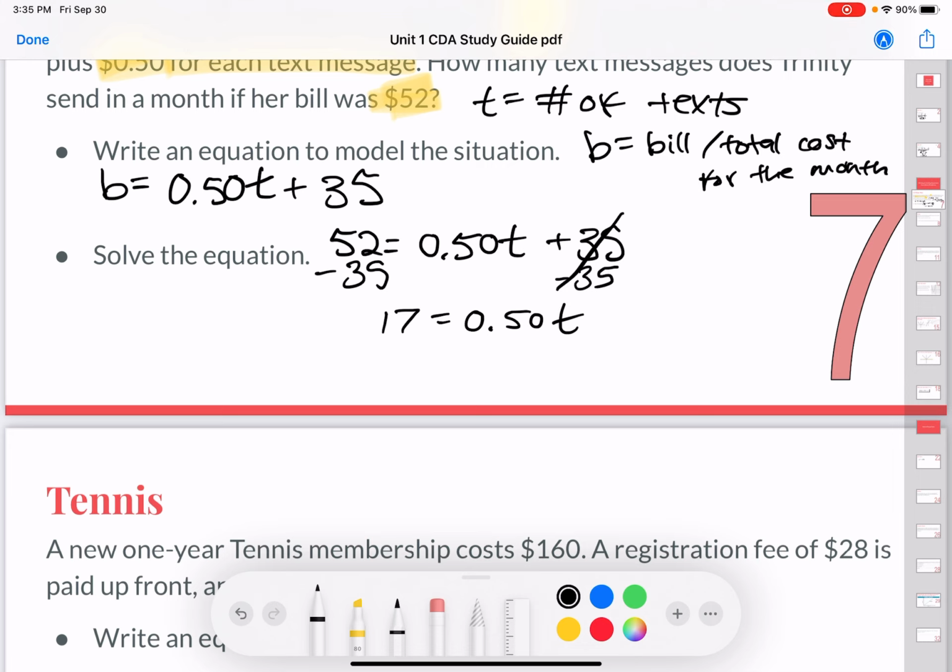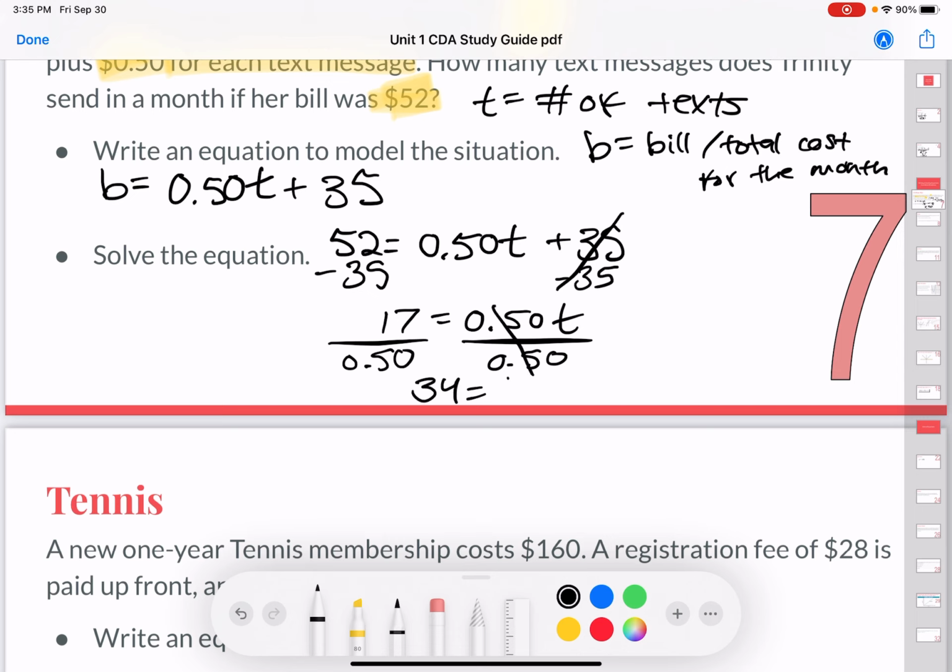0.50 is being attached by multiplication, so I have to divide. $17 divided by 0.5 is 34. Dividing by a half is the same thing as multiplying by 2, so double 17 is 34.